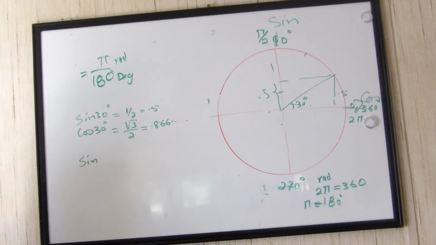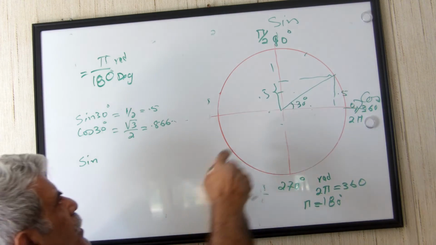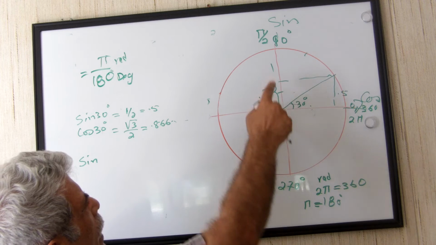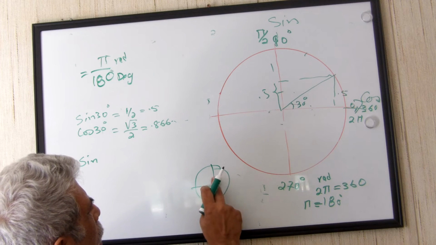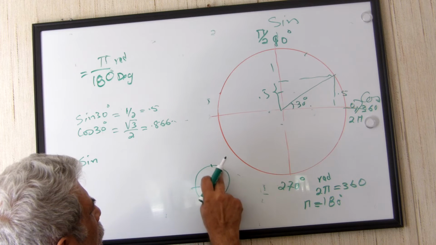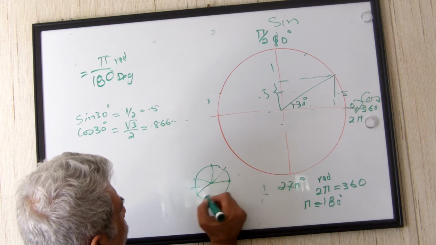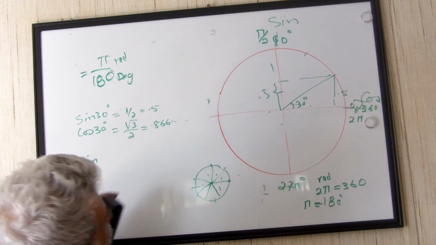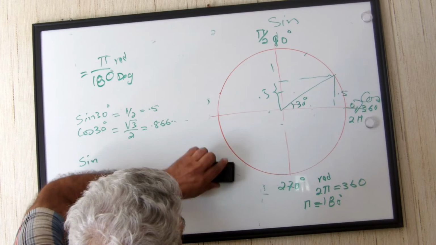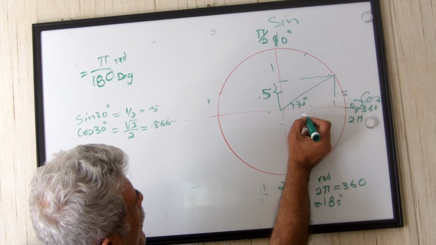In trigonometry, the radius is 1. Everywhere, the radius is 1. So the sine is 0.5 and the cosine is 0.866.